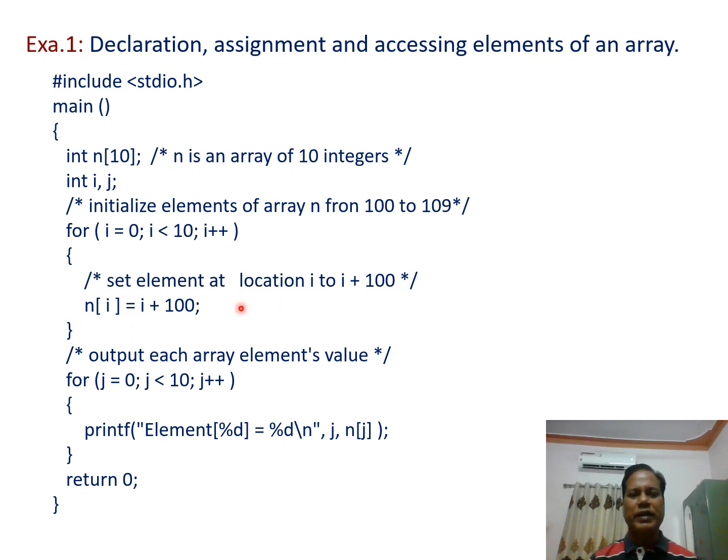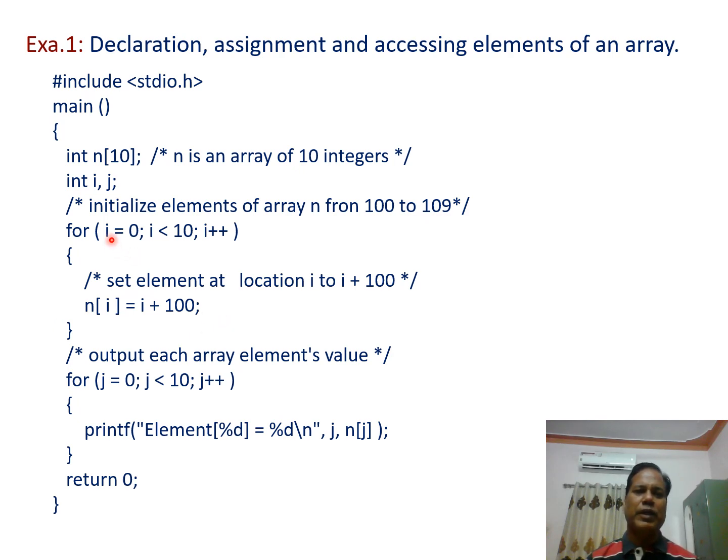And what are their initial values? Let us see. Set the element at location i to i plus 100, that is 0 plus 100. Each element is initialized to 100 through 109. So n[i] equals i plus 100. What is the meaning of this statement?